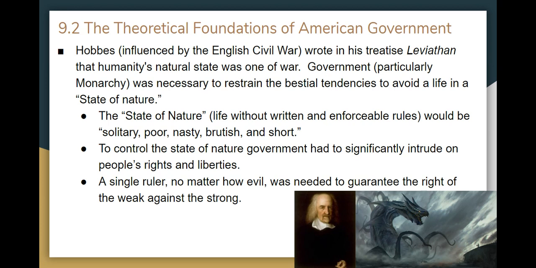In other words, the state of nature, a life without written or enforceable rules, would be solitary, poor, nasty, brutish, and short. In other words, people are bad. To control the state of nature, government had to significantly intrude on people's rights and liberties. A single ruler, no matter how evil, was needed to guarantee the rights of the weak against the strong.